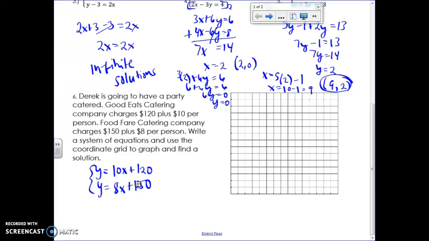They want you to use the graph, so I'm going to go ahead and put my numbers in here. So 1, 2, 3, 4, 5, 7, 8, 9, 10, and then 15. And then these are my people, the number of them. And then on my y-axis, I'm going to put the money, or the cost.